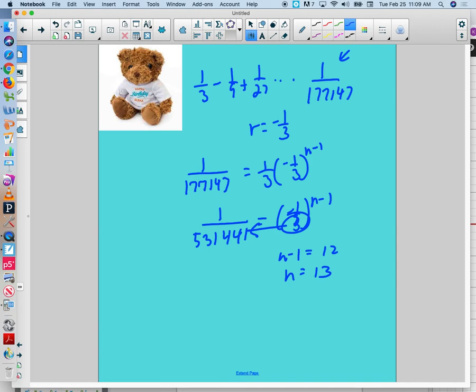I just didn't think n was 13. What's 1/3 times negative 1/3 to the 12th? Negative 1/3 to the 12th. And then go math fractions. All right, do 1 over 177,147.